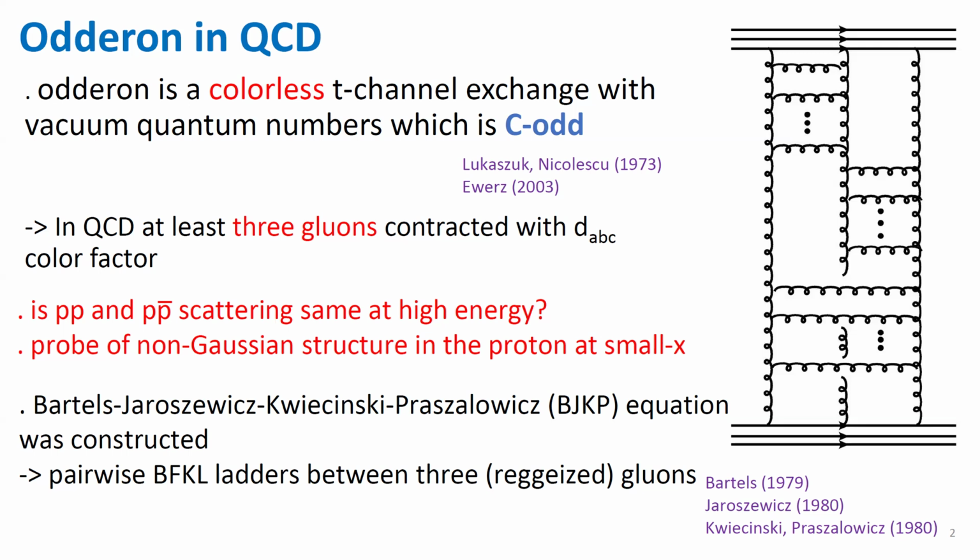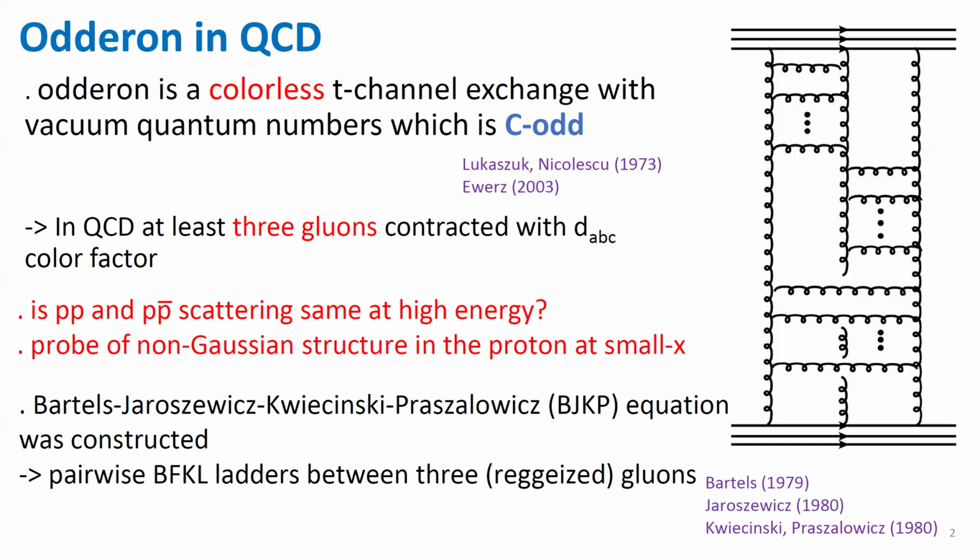One interesting argument is that this d color factor you can get only starting from three colors. So SU(2) doesn't work. You can have this factor only for SU(3) and higher unitary groups.